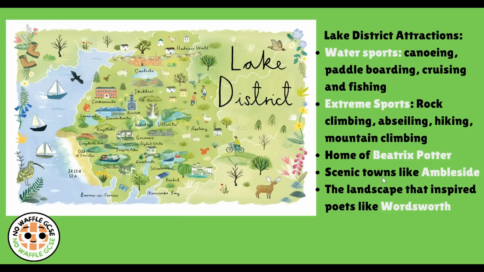And there's also a lot of extreme sports like rock climbing, abseiling, hiking, mountain climbing. There's a lot of cultural history as well, with it being the home of Beatrix Potter and the landscape that inspired poets like Wordsworth. So it's a very poetic landscape and it has so many benefits to offer, which is why it is so very popular.